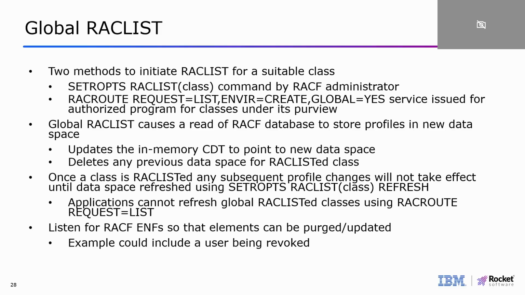If there was a previous data space for previously RACLISTed profiles, i.e. you're doing some sort of refresh, after it has successfully switched to the new data space, it will delete the previous one. Applications cannot refresh global RACLISTed classes using RACROUTE REQUEST=LIST. RACROUTE REQUEST=LIST can only be used to RACLIST for the first time.